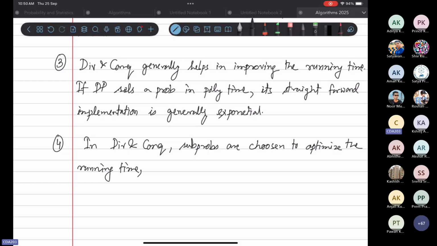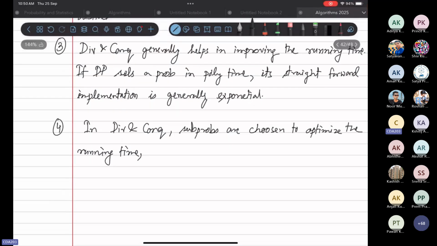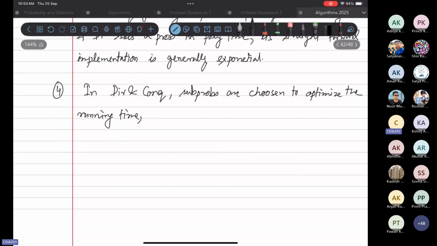Divide and conquer generally helps in improving the running time. So we choose our subproblems accordingly to optimize the running time, and we don't need to think very much about the correctness. Correctness becomes easy.